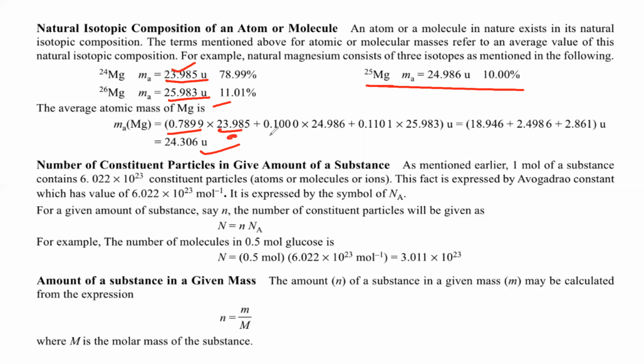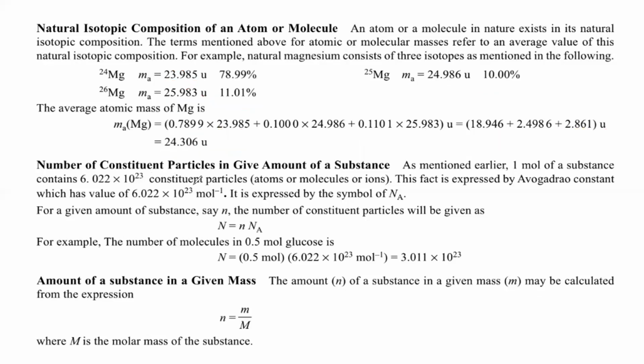Similarly, plus 0.1001 into 24.986, that is 10%, the 25 isotope, plus 0.1101 into 25.983, the mass of magnesium 26. By calculating this, you will get 18.9 plus 2.4986 plus 2.861. Finally, you get the answer 24.306 U.